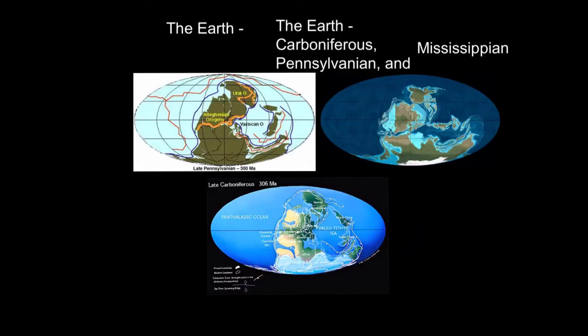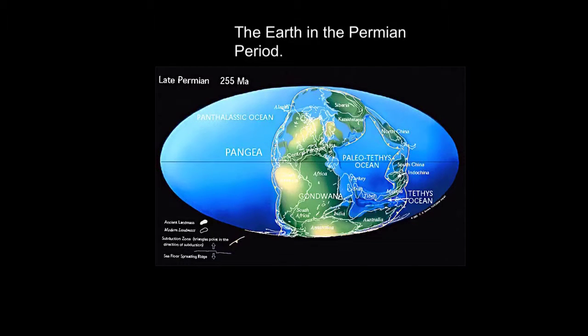Here we go. So here we have the late Permian period at 255 million years ago. And we have Pangea pretty much now. We really only have a few oceans as well. It's a big area. Most of it's connected. All the continents are.